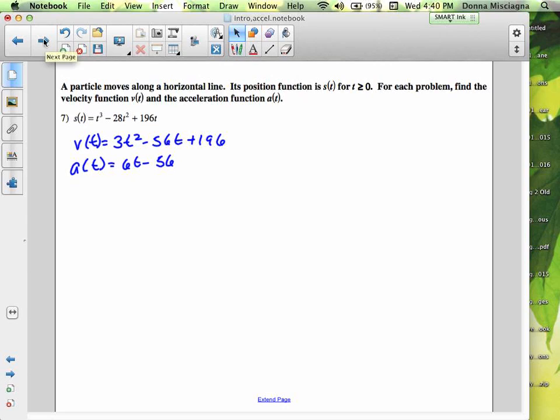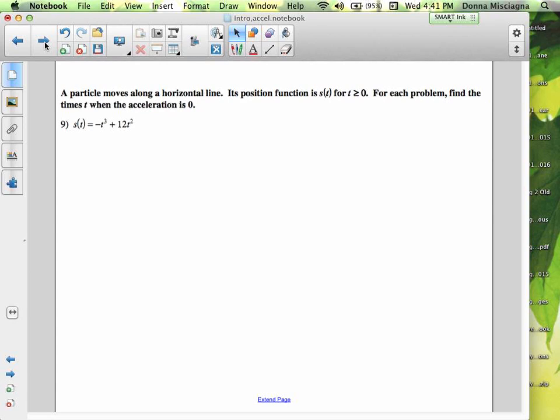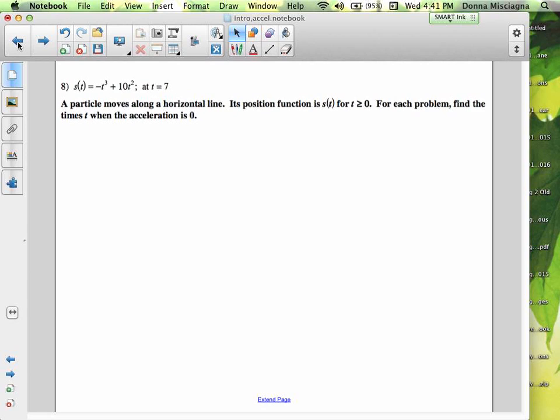Let's look at the next problem. So a particle moves along a horizontal line. We want to find when the acceleration is equal to 0. And for some reason it says at t equals 7. I don't think that belongs there because we're looking for when the acceleration is 0. I don't know if my directions got moved over to another problem, but those don't make sense.